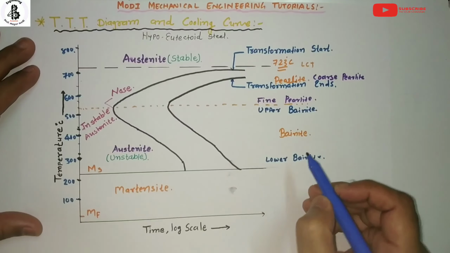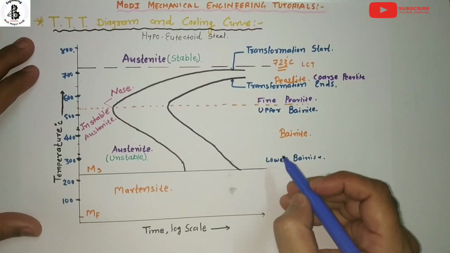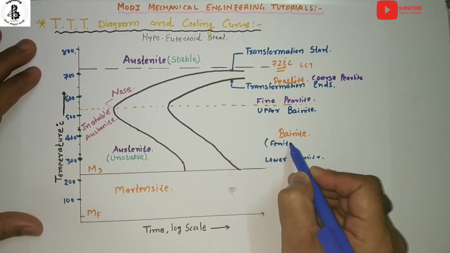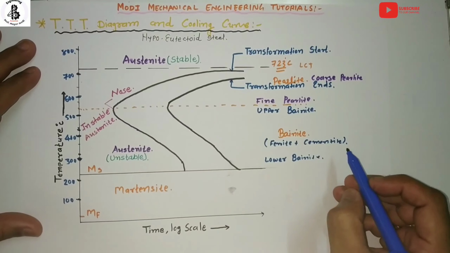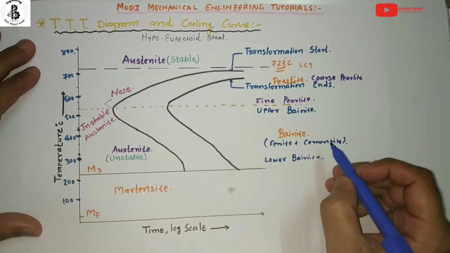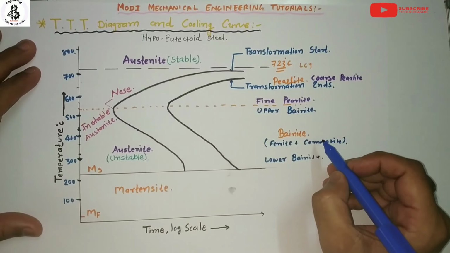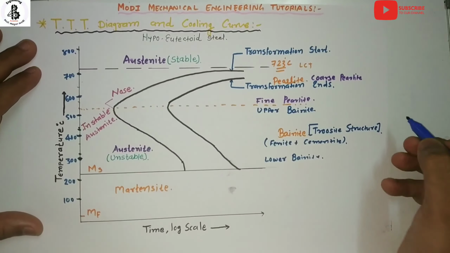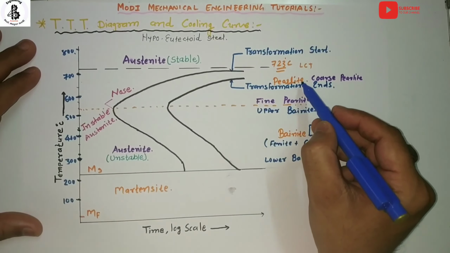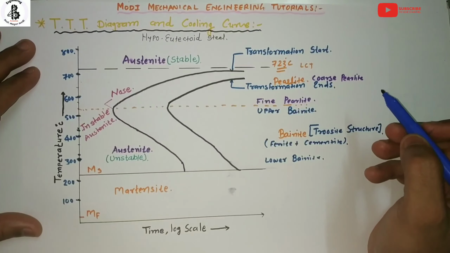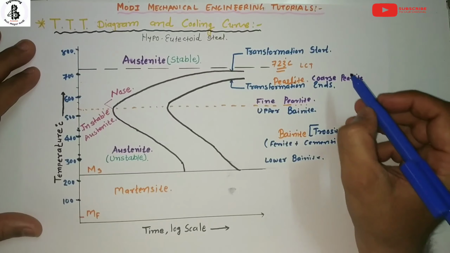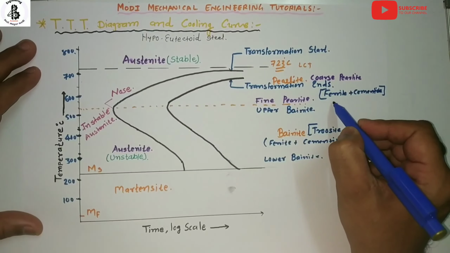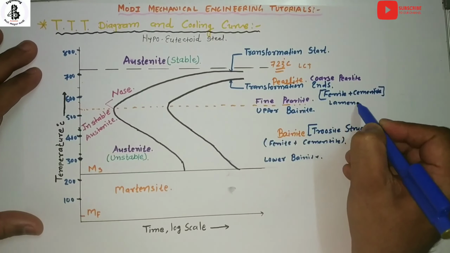Basically, bainite is a mixture of ferrite plus cementite, defined in the structure as a troostite structure. Similarly, pearlite is also made of ferrite plus cementite, but it forms laminar layers.